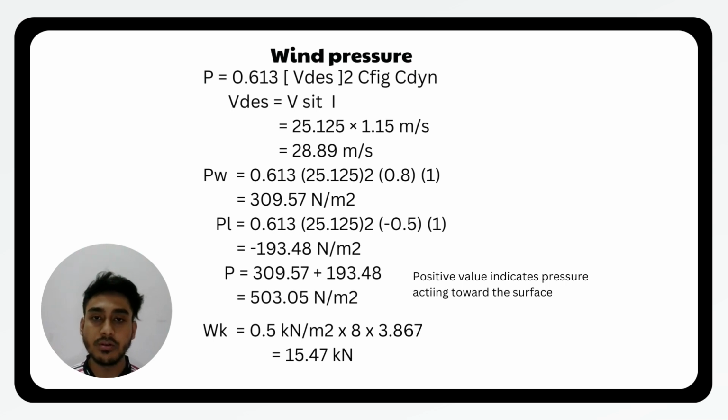So this is our wind pressure. We get the P value as 28.89 meter per second, and then we get the PW as 309.7 Newton per meter square, and then we get the PL as negative 193.48 Newton per meter square, and the last one is WK, which is 15.47 kilonewton.